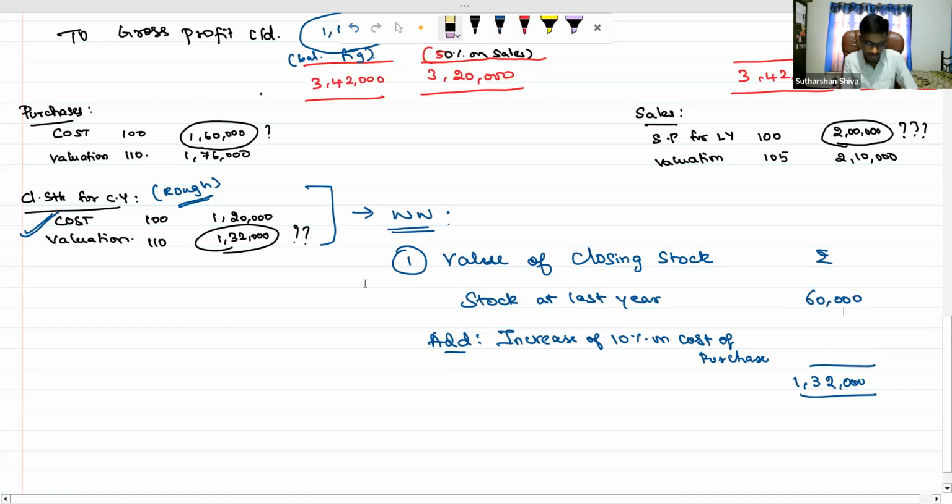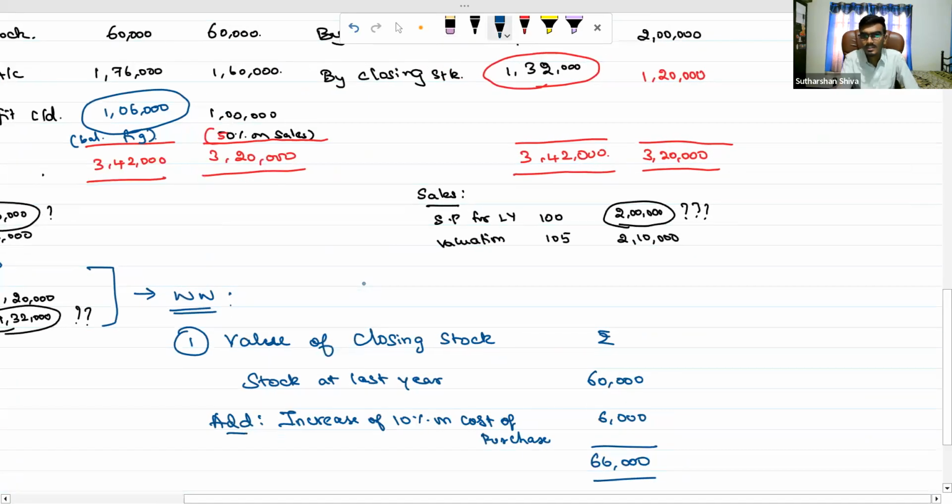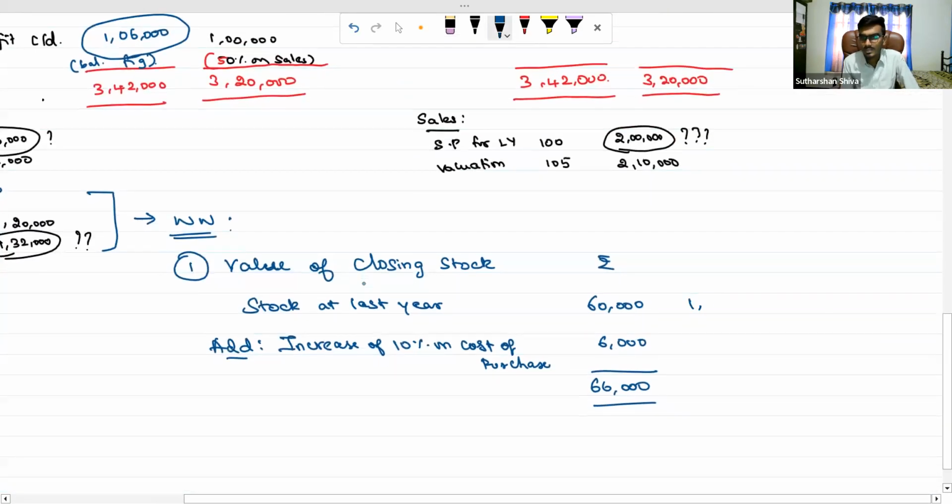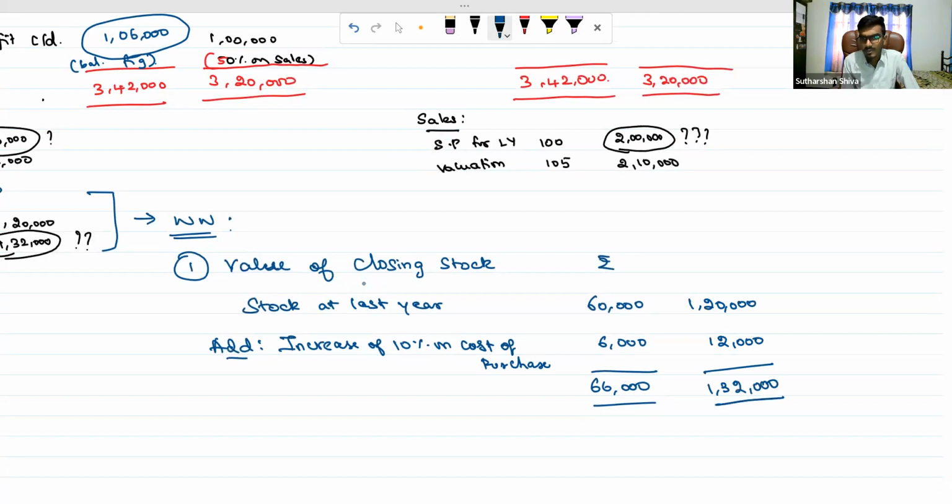Stock at the last year is 60,000, and if 6,000 is added, it is 66,000. Like in the same way, what is the closing stock here? It is 1,20,000 plus 12,000. It is 1,32,000.